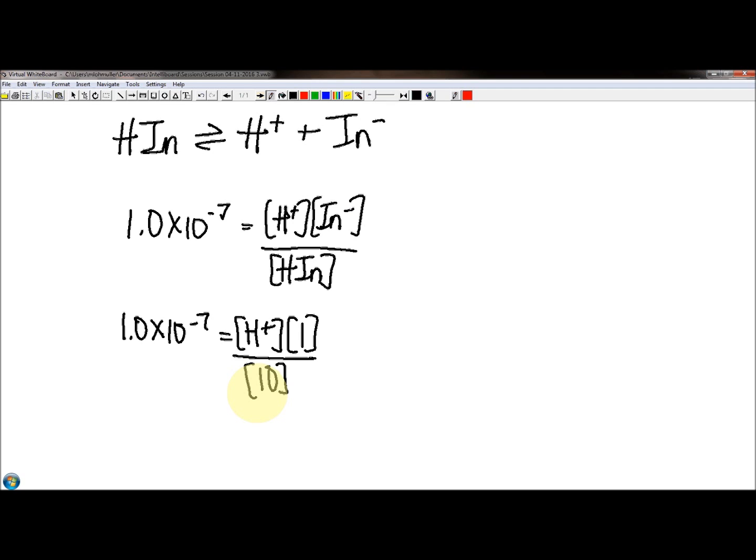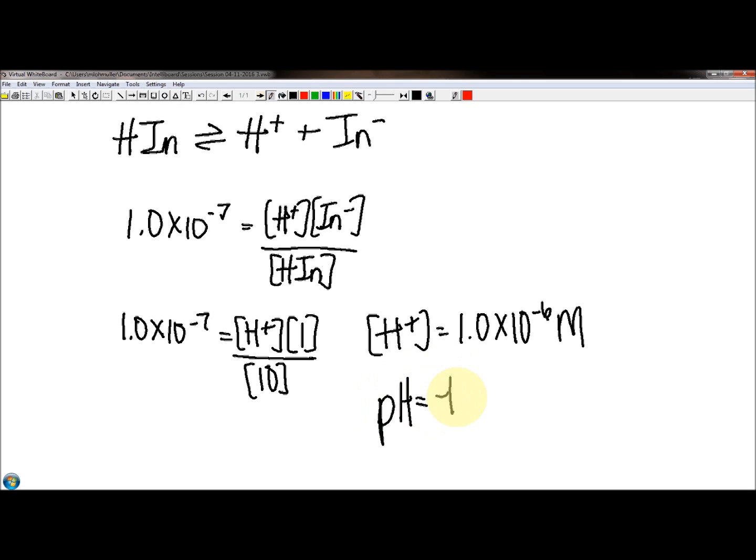Solving for H+, we find that H+ is 1.0 times 10 to the negative 6 molar. To find the pH at which the color change is first apparent, we take the negative log of that, and the pH is 6.00.